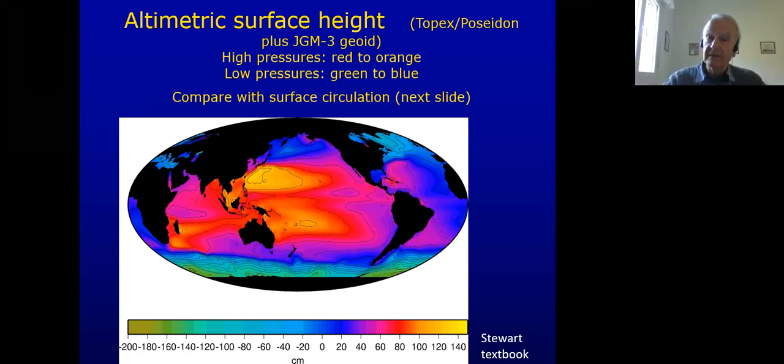So what does that mean? If we have, for example, here the high sea level and here the low sea level, the flow will go this way, leaving high pressure on its right. If the ocean were vertically homogeneous, all over the water column the current would be of the same magnitude and of the same direction from here to there.